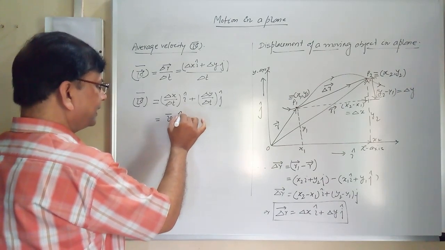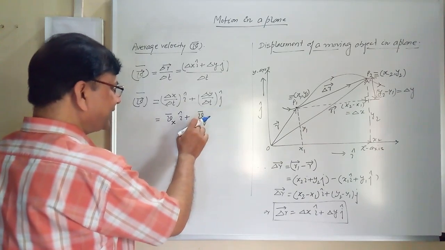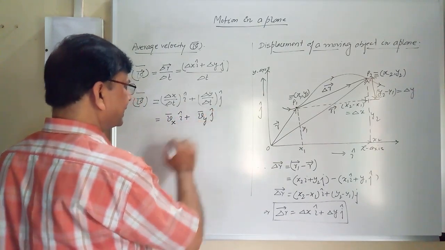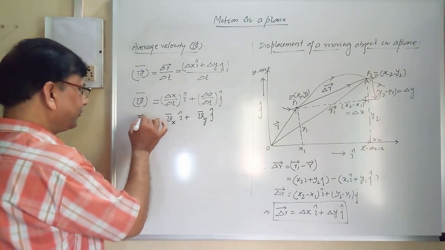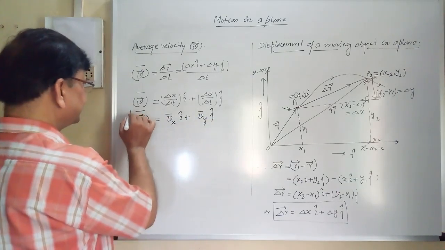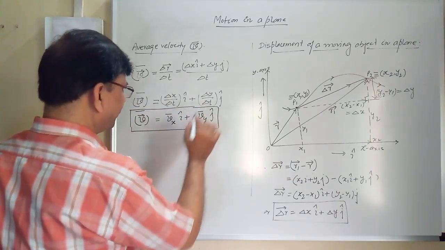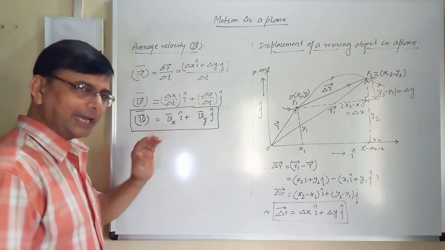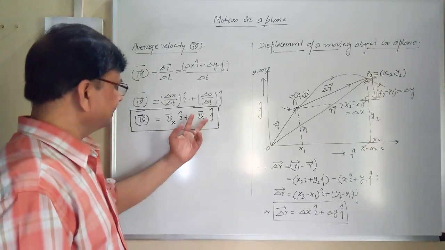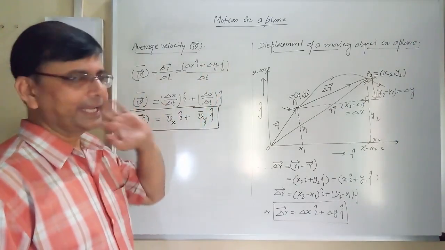That is i plus Vy. It is the magnitude only. Here it is a vector, that is j. So the V vector, it is average, is given by this relation, where Vx is the average velocity magnitude along the x-axis and Vy is the average velocity magnitude along the y-axis.